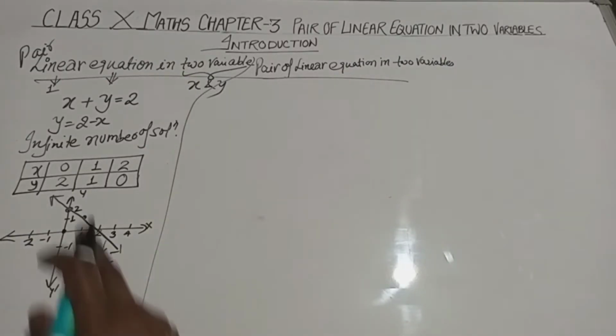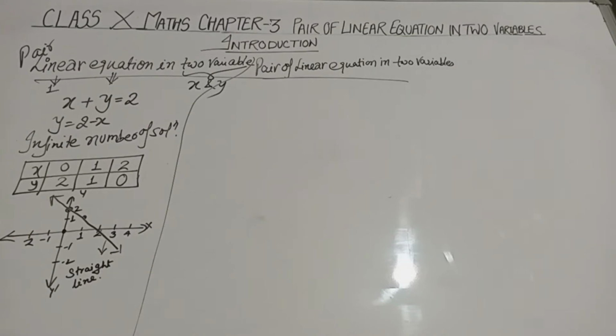One more thing: a linear equation in two variables is in the form ax plus by plus c is equal to 0.